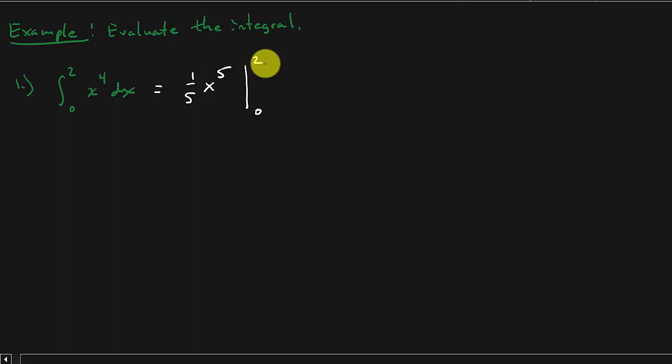Okay, so in this first problem here, let's just talk a little bit about the plus c. I explained it in the last video, but I'm going to explain it again. Remember when we did the indefinite integral, you would do this as x to the fifth plus c, right? You always add that constant term.